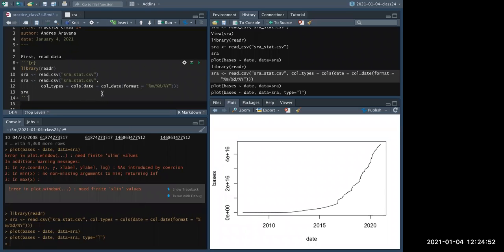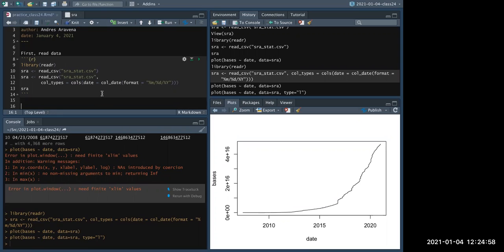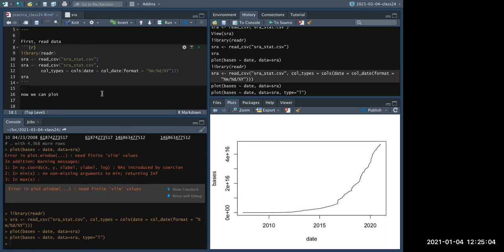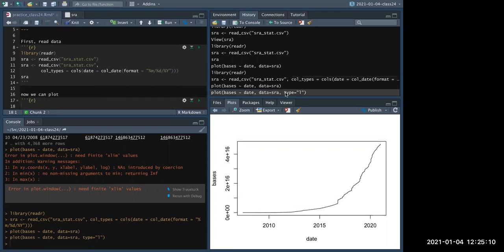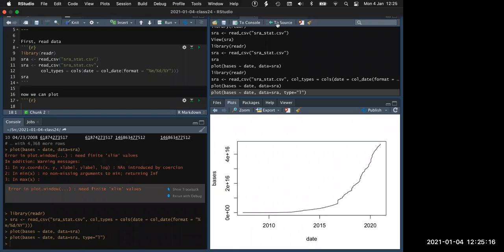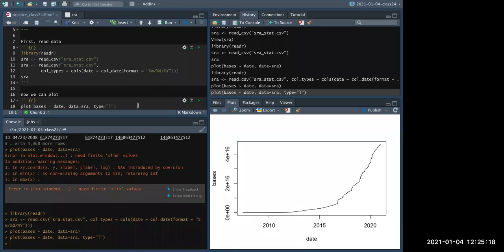Okay, so what we are going to do here is this. Now we can plot, and we're going to plot it here. And both are valid, but if you see the lines are easier to read and faster at the same time.